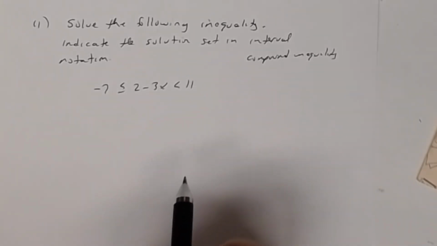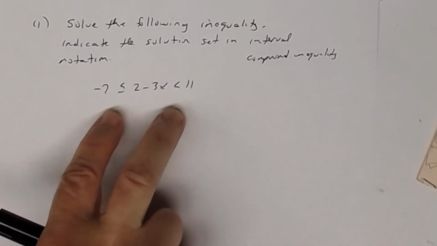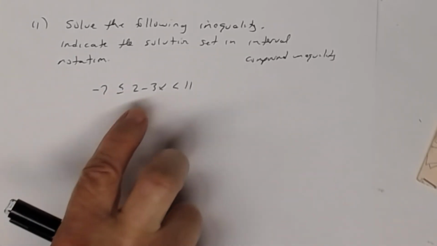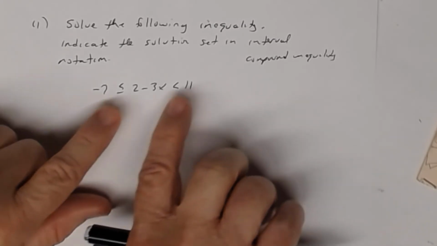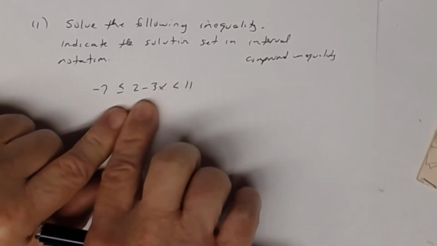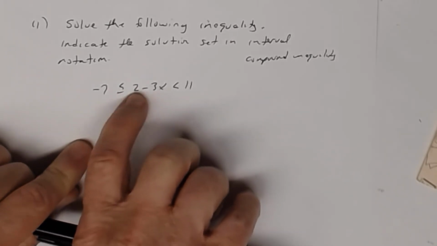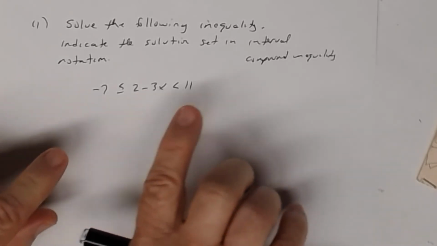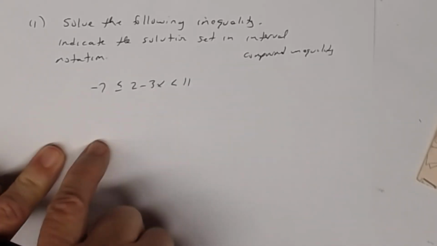Now, to solve this compound inequality, when it looks like this, where you have real numbers on the outside and a variable expression on the inside, the way you want to do this is to get the variable x in the middle. Once you get that variable x in the middle, then you'll be able to know what values of x will make this inequality true.